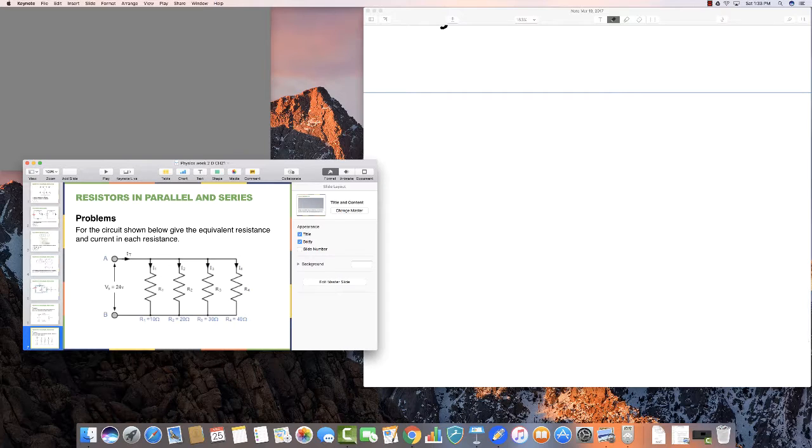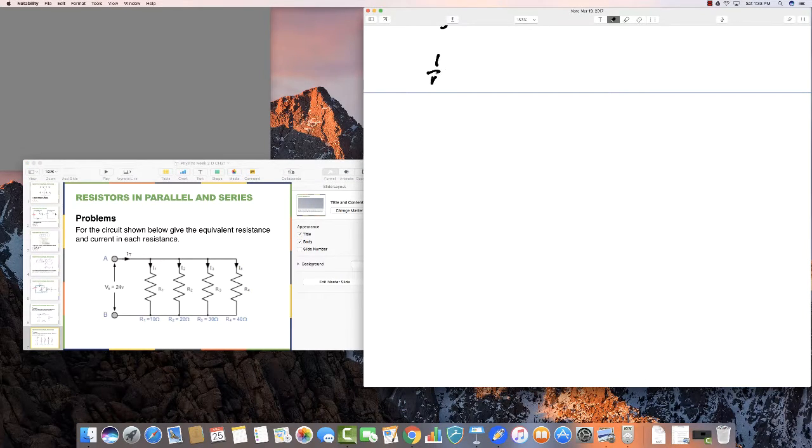Now since this is a parallel circuit, we know that 1 over the equivalent is going to equal 1 over R1 plus 1 over R2 plus 1 over R3 plus 1 over R4, which is going to equal 1 over 10 plus 1 over 20 plus 1 over 30 plus 1 over 40.